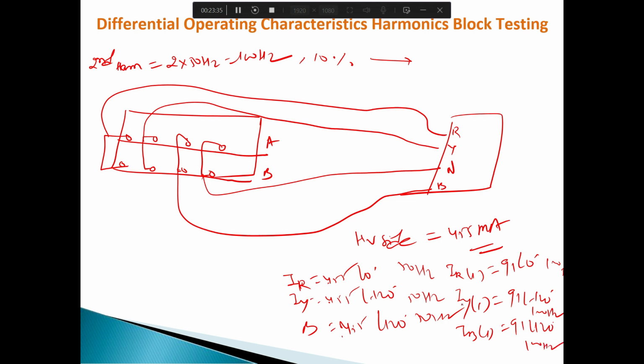Now if I inject this current, the relay will not issue a trip command and it will block. Now start reducing this current from 91. It will come down. Once it comes down below 45, the relay will issue a trip command, because now the content of the second harmonic is less than 10% of the normal current, that is IR, IY, IB.